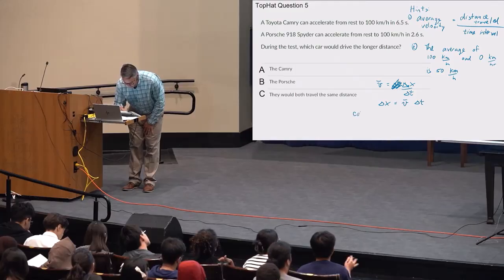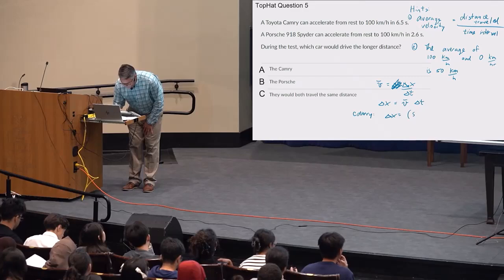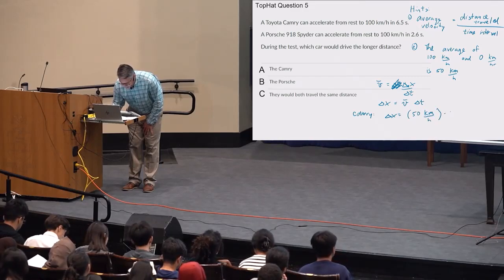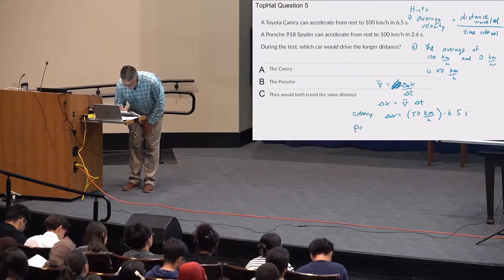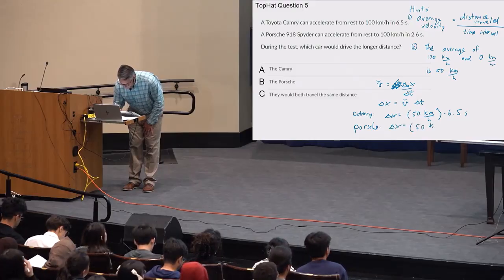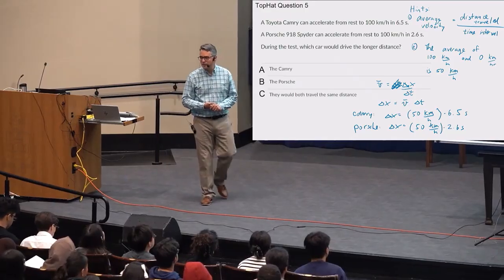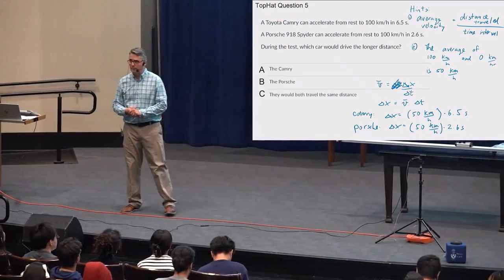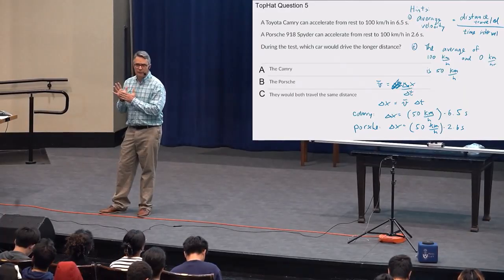In the case of the Camry, delta x is equal to 50 kilometers per hour, because that's the average speed, times 6.5 seconds. And for the Porsche, delta x is equal to 50 kilometers per hour, because it's not really going faster, it's just accelerating more, times 2.6 seconds. You can't just multiply those because the units are garbled up, but you can see that you're going to get a larger number for the Camry, I think.